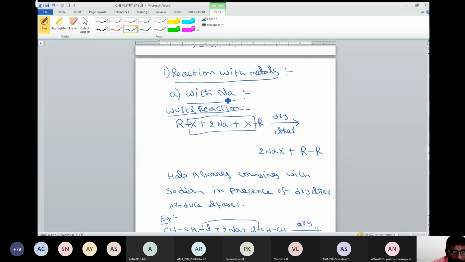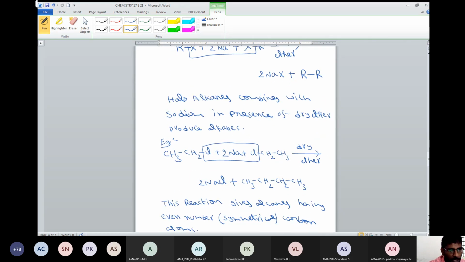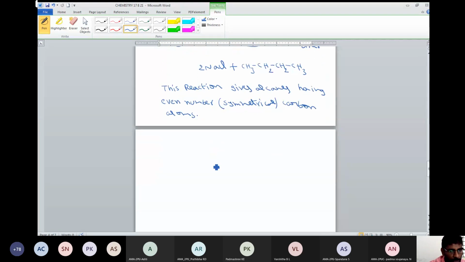The first metal we have taken is sodium. Whenever haloalkanes combine with sodium, we get alkanes. The reaction is called Wood's reaction. We get symmetrical alkanes, not unsymmetrical alkanes, because when two alkyls combine, the product must have an even number of carbons.